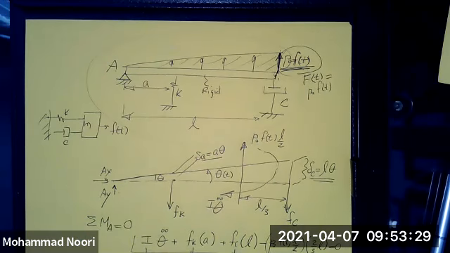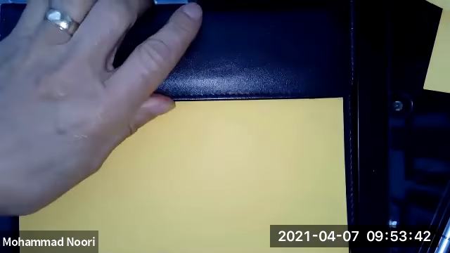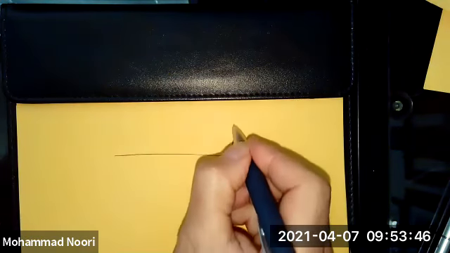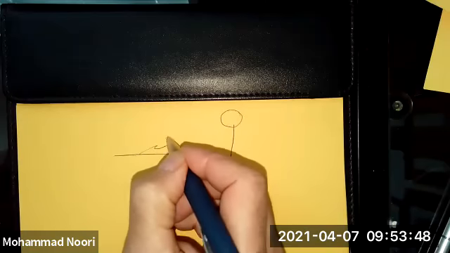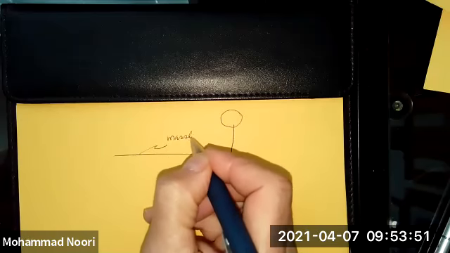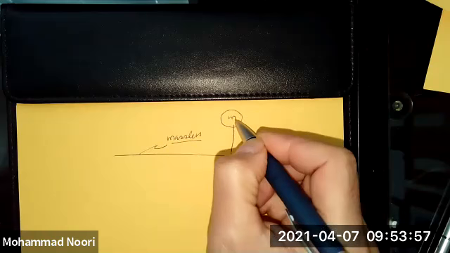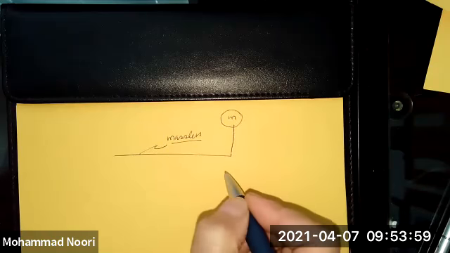So let's do yet another problem here. I have another problem that I've set up here. Let's say you have a rigid bar again, but in this case it is a massless, rigid bar. A lumped mass is attached to the top.